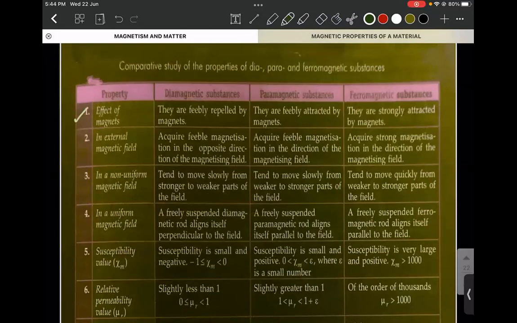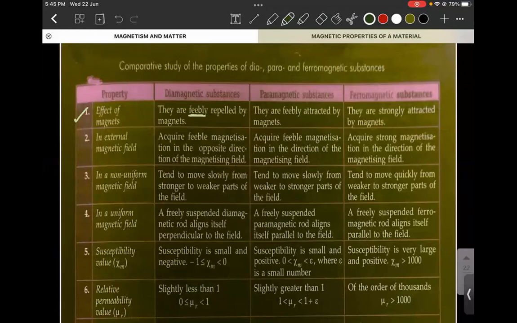First, effect of magnets means when you bring an external magnet, how will a diamagnetic substance respond to that external magnet? Will it attract or repel? Repel. And is it happening slowly or faster? Is it a strong process or a feeble process?